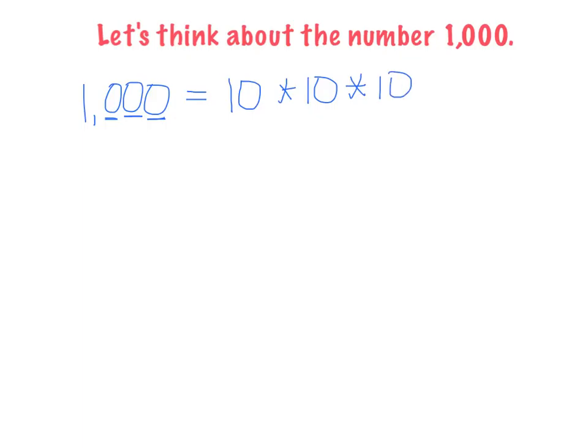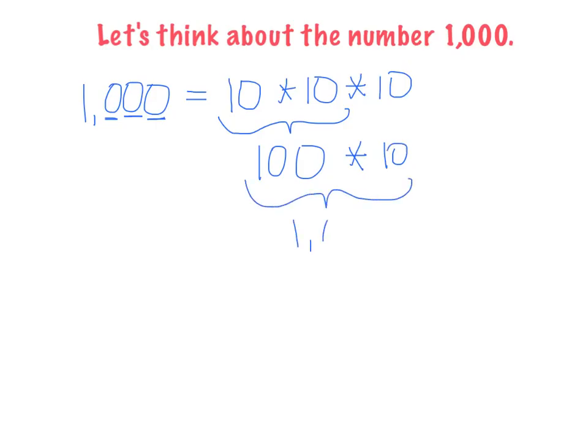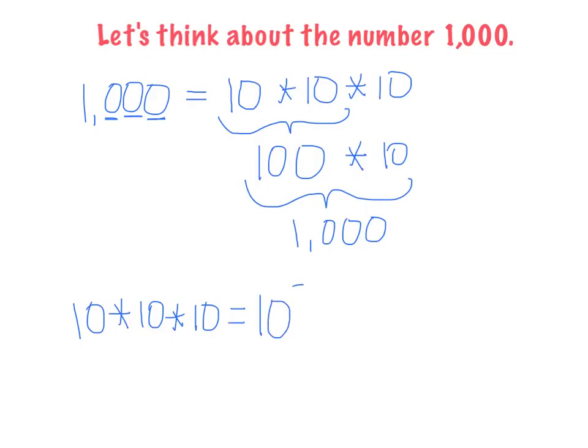Think about it. If you have 10 times 10, we have 100. 100 times 10, 10 100ths is equal to 1,000. So 10 times 10 times 10 using exponential notation is 10 to the third power.